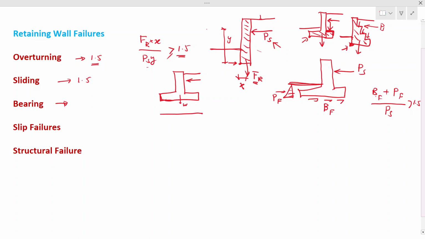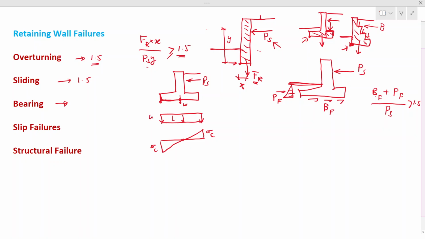So from the weight you have a uniform pressure on the soil, right? Then you have a soil pressure, PS, here. So it will generate a moment on this point. If you take the stresses around this point, you have a tension stress here, a compression stress here, and a tension stress there.